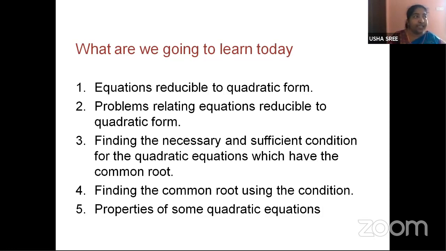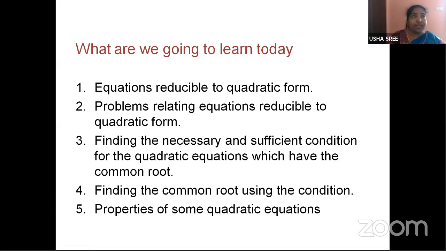That is a second degree equation in one single variable x, which is in the form of ax square plus bx plus c. Then problems relating to the equations reducible to quadratic form. Then finding the necessary and sufficient condition for quadratic equations which have a common root.